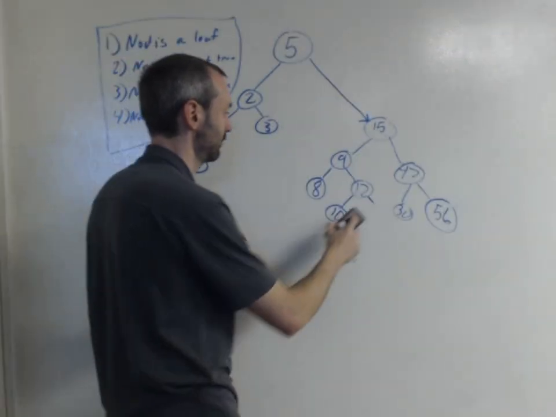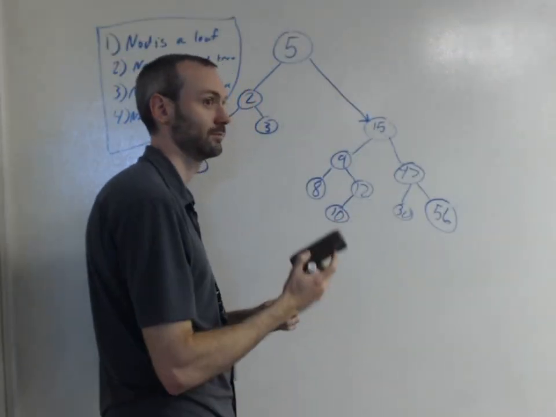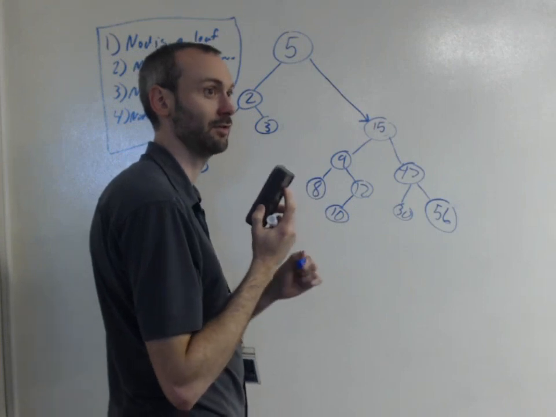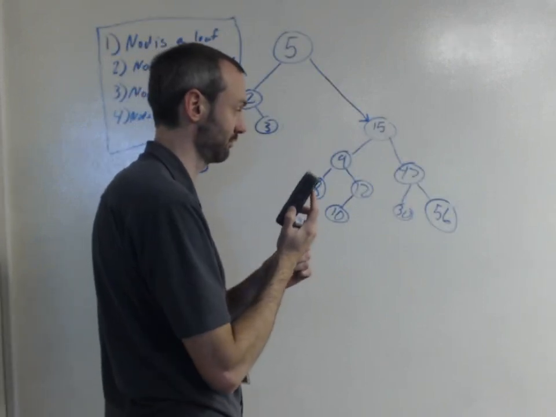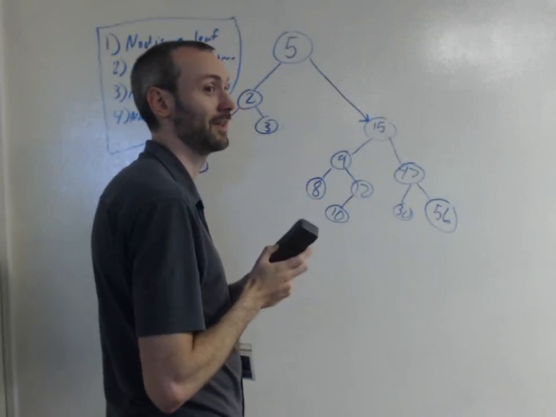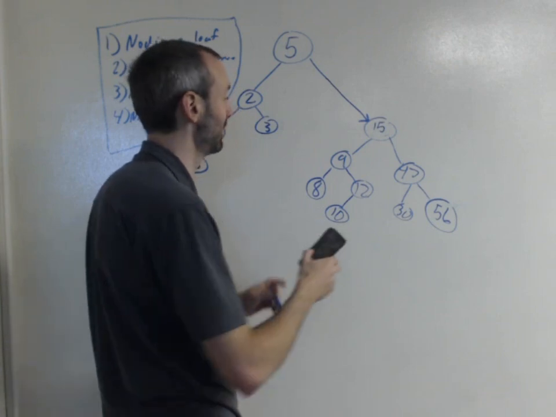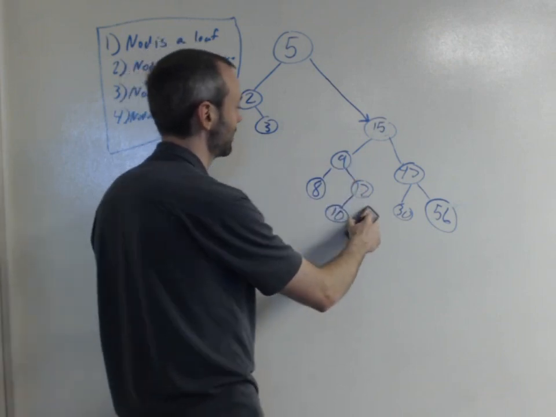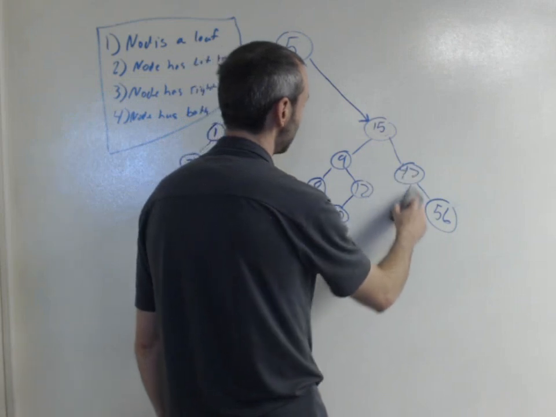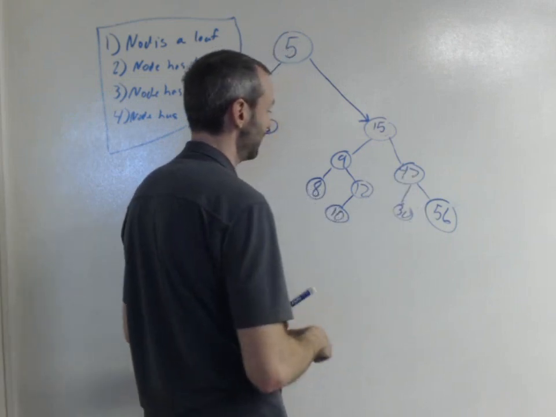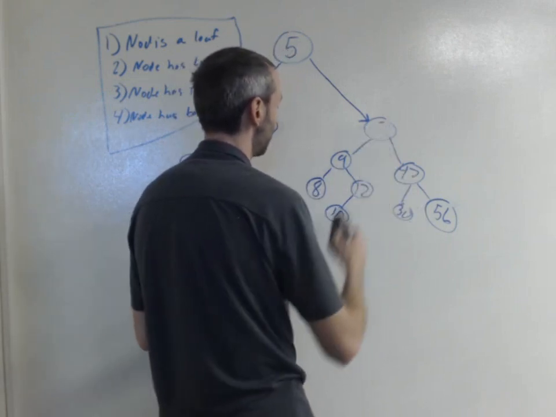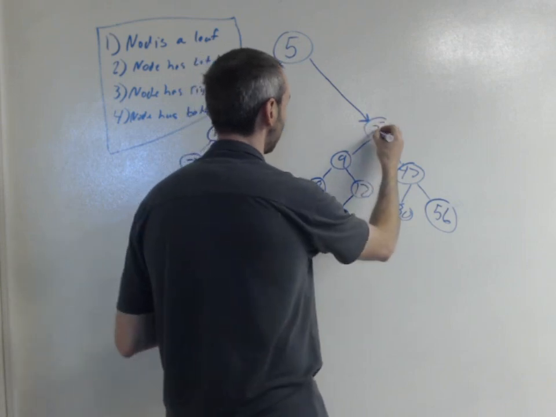Does that work? Is it a binary search tree? Yeah, it's a binary search tree. So, if they have both, then you need to find either the greatest of the left side or the least of the greater side.